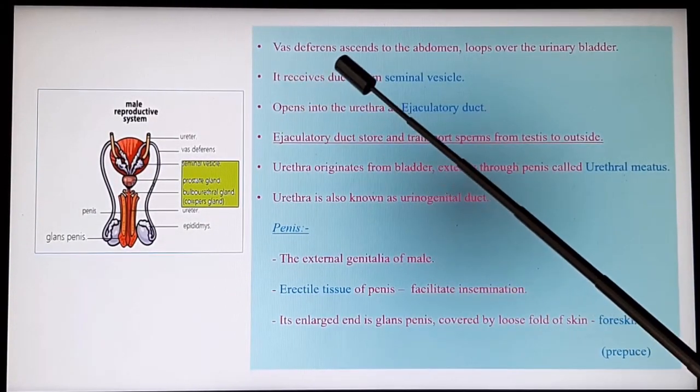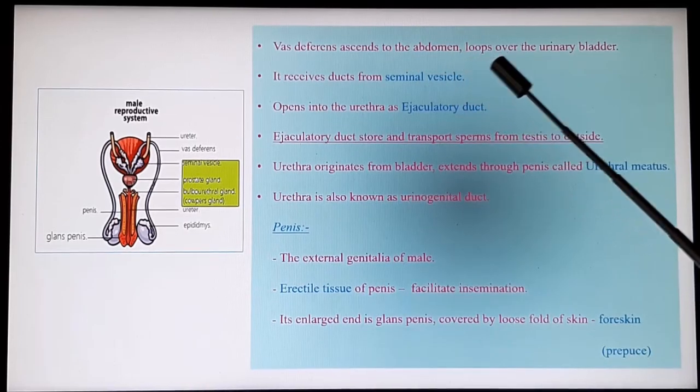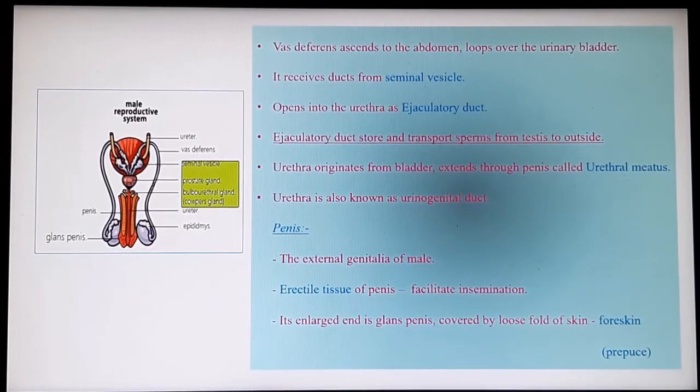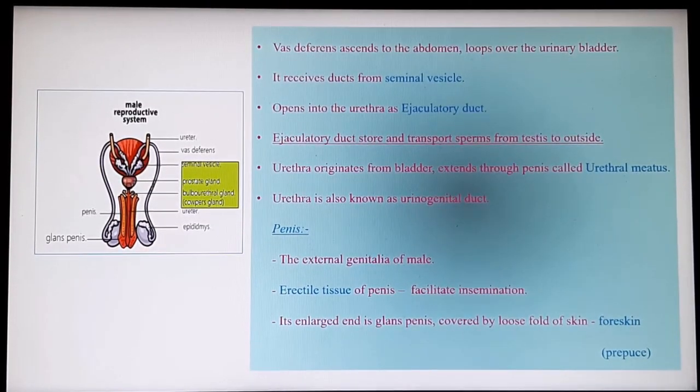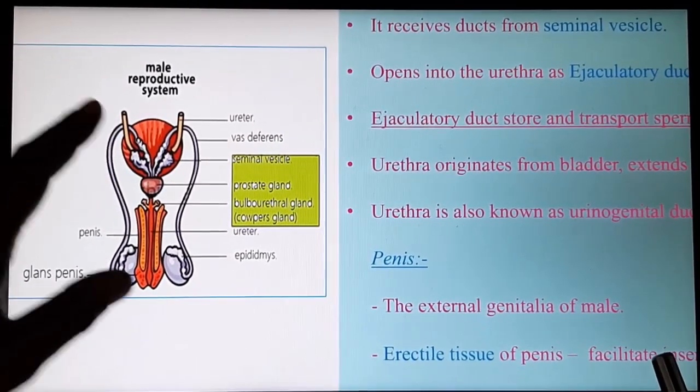The vas deferens ascends to the abdomen and it loops over the urinary bladder. It receives a duct from the seminal vesicles. This part I already discussed.